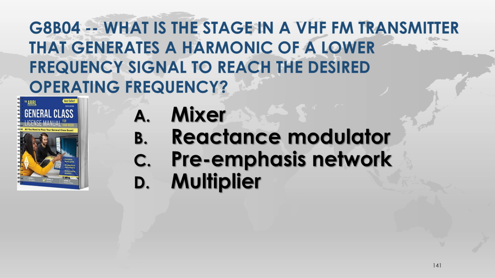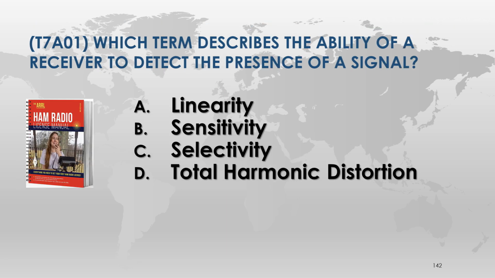A stage in an FM transmitter that generates a harmonic. So is generating mixing? Are we sure? It's a multiplier. Mixers take inputs. What stage generates a harmonic? That's the way to remember this one. So it multiplies it. It comes out with something else.